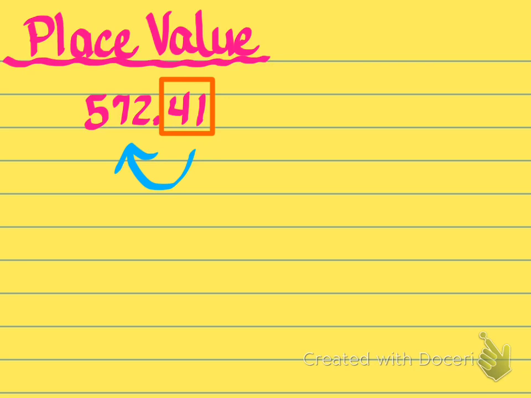Sometimes it helps to think of these numbers kind of like money, especially if you only have 2 spots after it. So now the 4, it's important, remember what we said, it's important to know our positions here. And I think a lot of you know your numbers in front of the decimal point, but you struggle with your numbers after or behind the decimal point. So the 4 is in the tenths column.